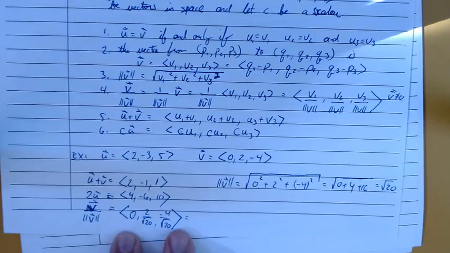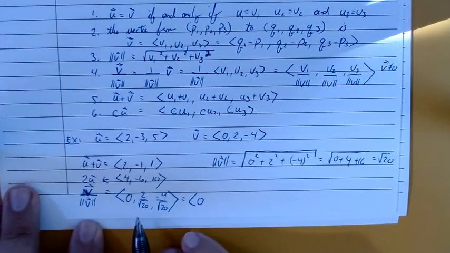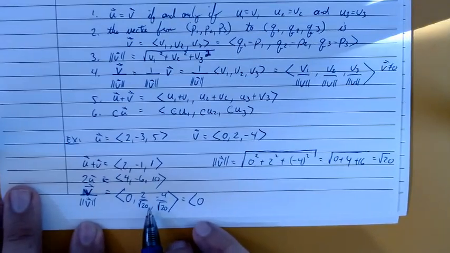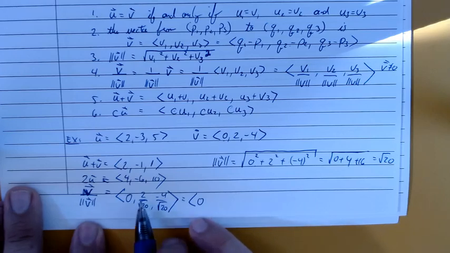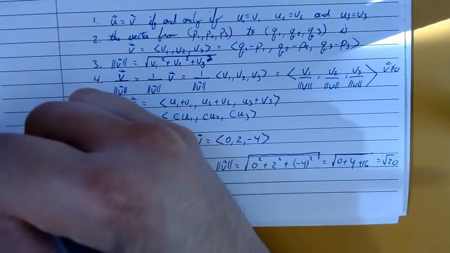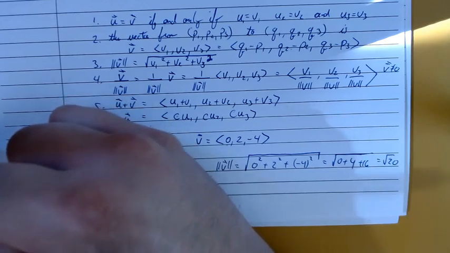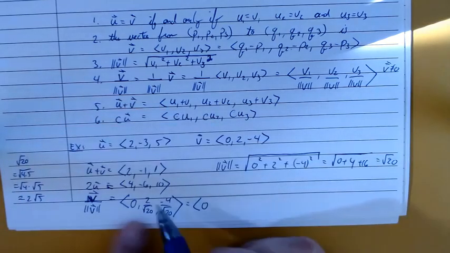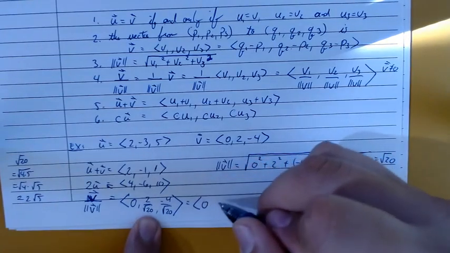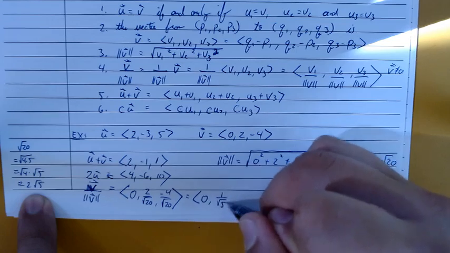As is often the case, we're going to rationalize these numbers here. So 0 stays 0. Here, root 20 is the square root of 4 times 5, which is the square root of 4 times the square root of 5, which is 2 root 5. So here, that'll give us 2 over 2 root 5, which is just 1 over root 5.